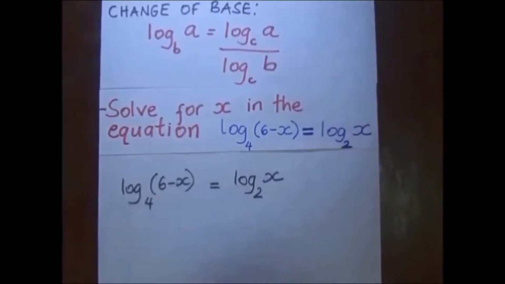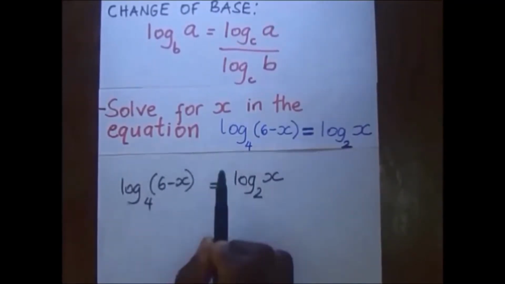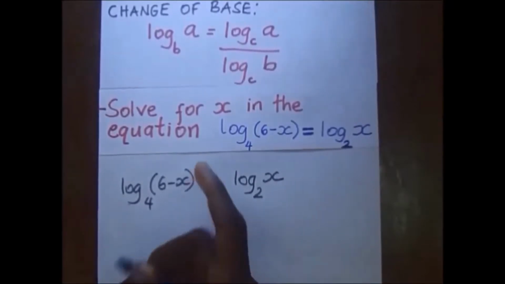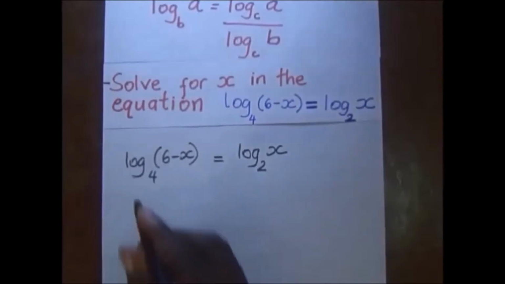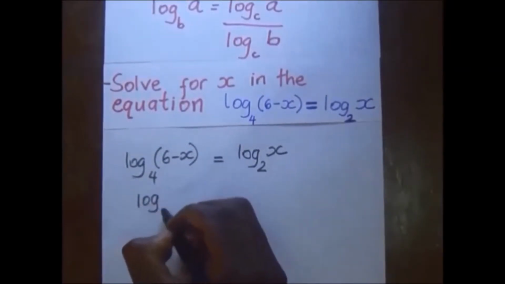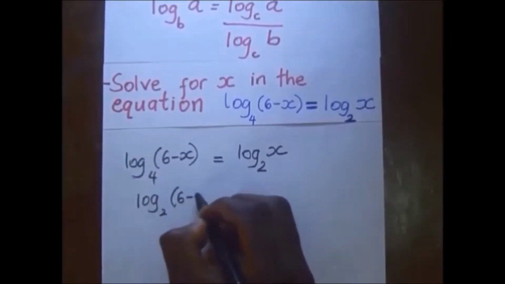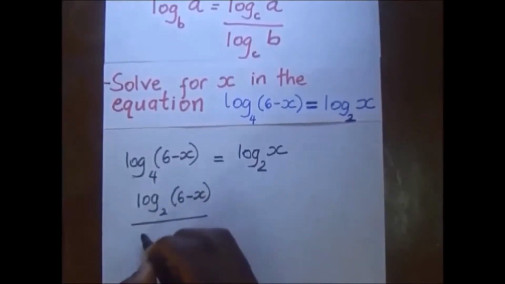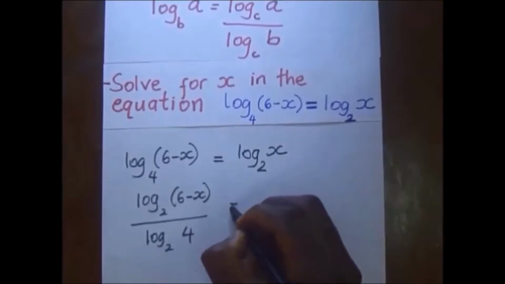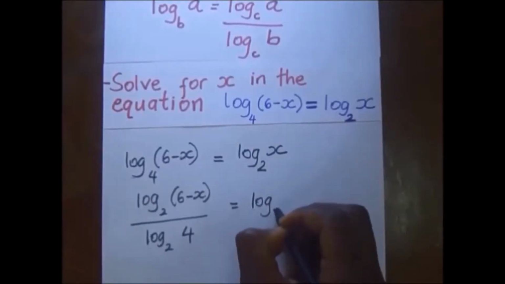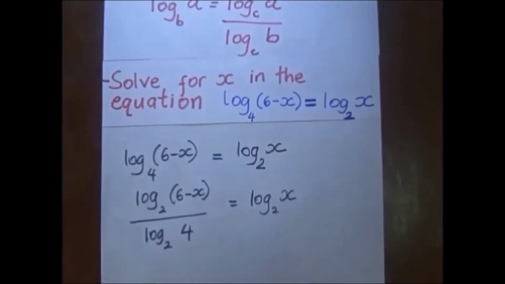So converting this logarithm to base 2, we apply our just concluded law. Here it will be equal to log base 2 of 6 minus x, divided by log base 2 of 4. It's going to give us log base 2 of x.